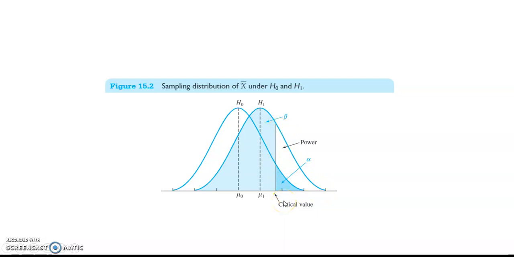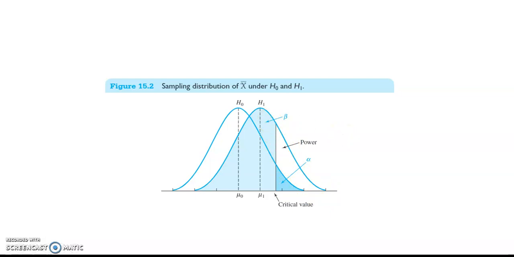Now, the main thing to keep an eye on is you want power to be big. You want a large probability of making a correct choice, right? If you were to shift the distributions, shift alpha, or change the shape of these distributions through differences in sample size, it's going to affect the size of this area that denotes power.